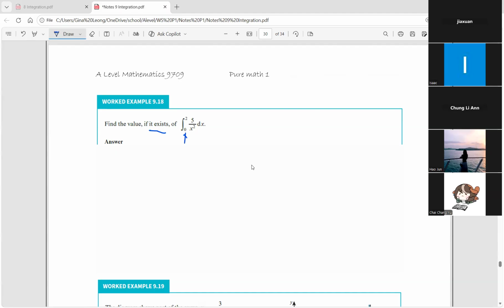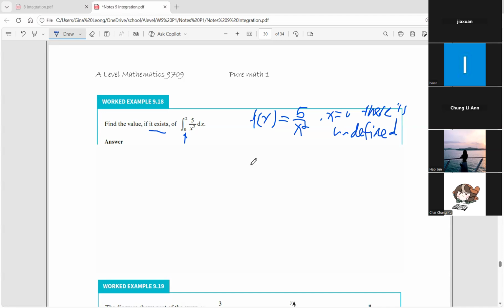So when we replace, I write here, f(x) equals 5 over x squared, and we replace x equal to 0, that is undefined. That means there is no value, it does not exist.